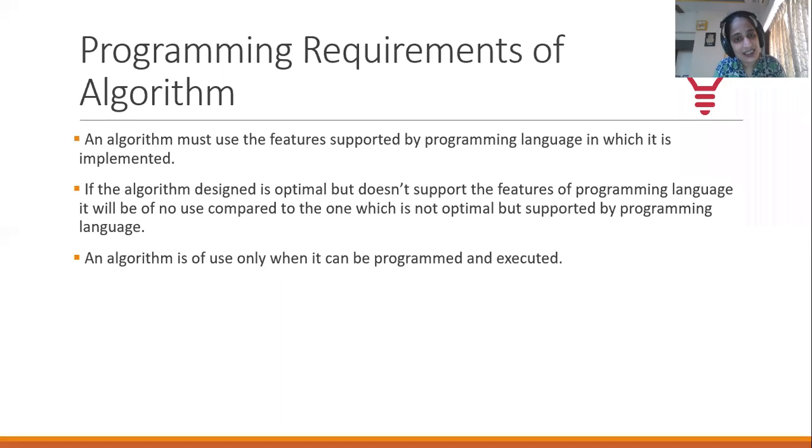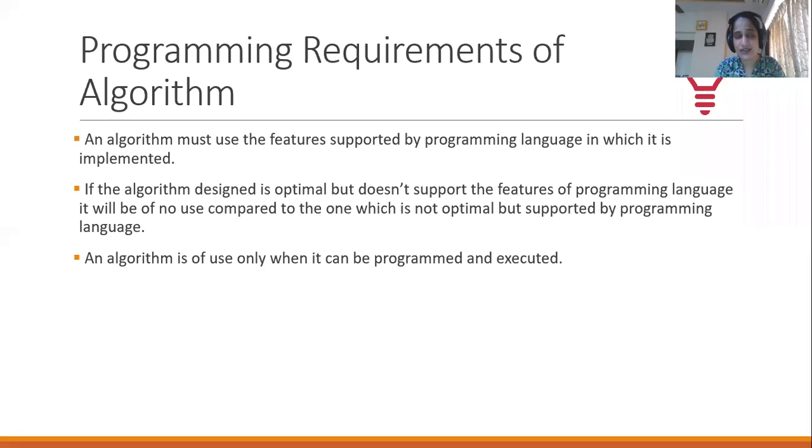Then in this scenario, the other algorithm, which may not look optimal compared to this one, but is fully supported by a programming language, should be preferred. So we have to understand that when we say programming analysis of an algorithm, we are trying to focus on something which has to be programmed by that algorithm.